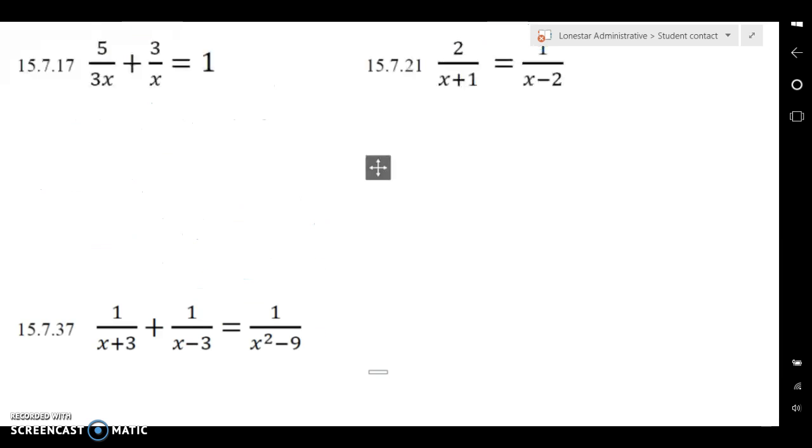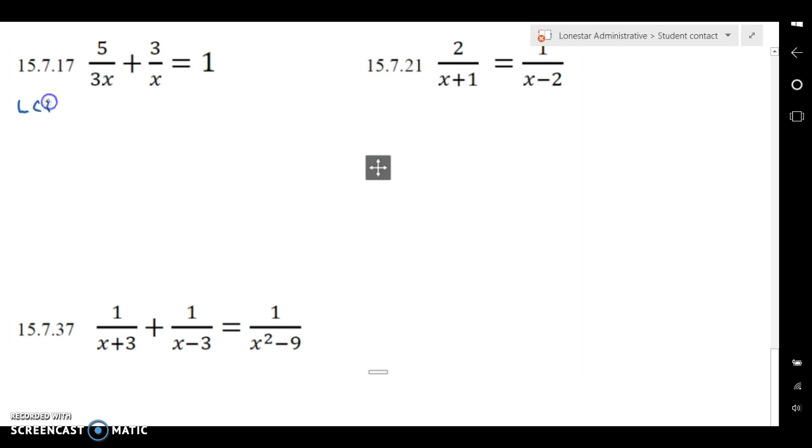Our next problem is very similar, but we have a variable in the denominator now. We need a least common denominator. 3x and x are common denominators, so both 3x and x go into 3x. So if we multiply everything by 3x, we will clear our fractions.